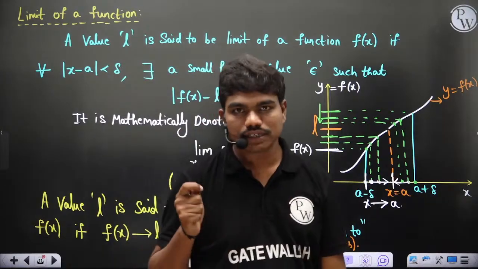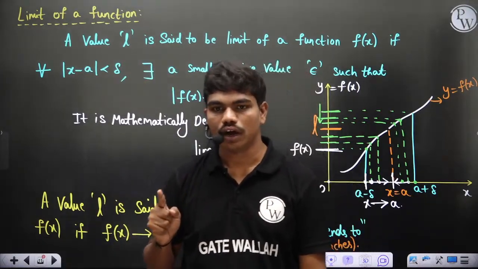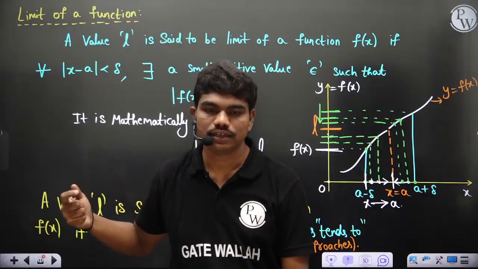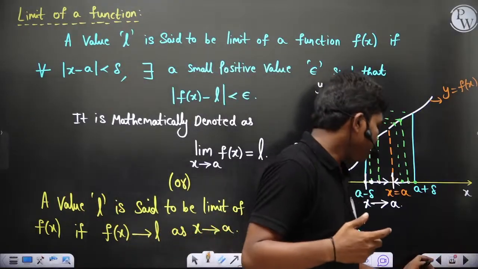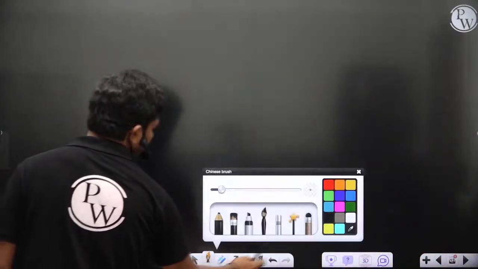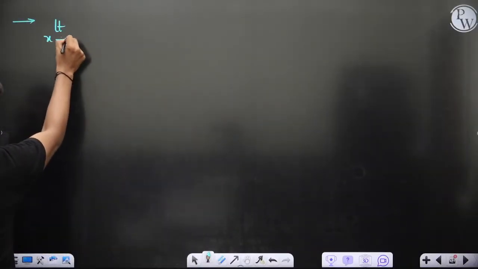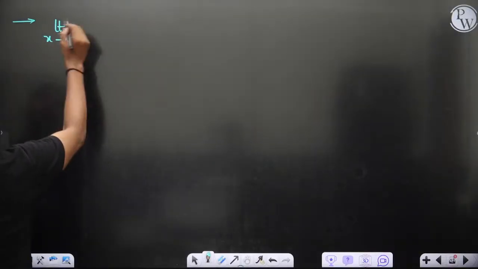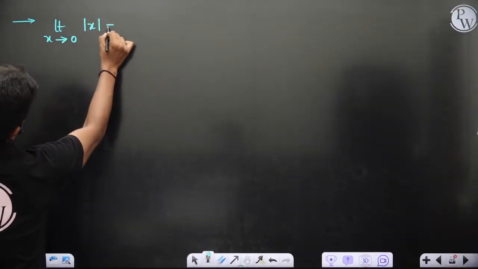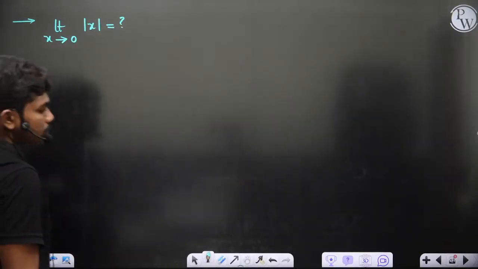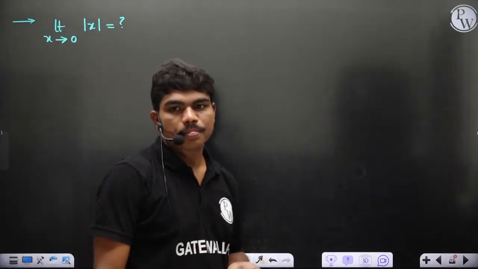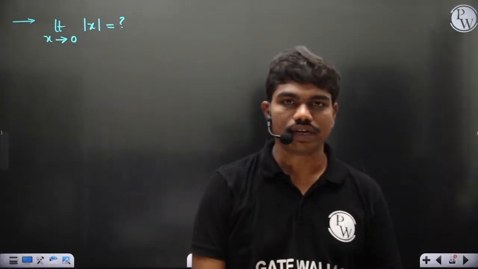Now I'll just work out one example and show you how we actually calculate limits in general. Don't worry, I'll talk about the mod x function in detail, but I just want to give you this. Let's say limit x tends to 0 of mod x. If I ask you to calculate this, what is the answer? Can anyone tell me?